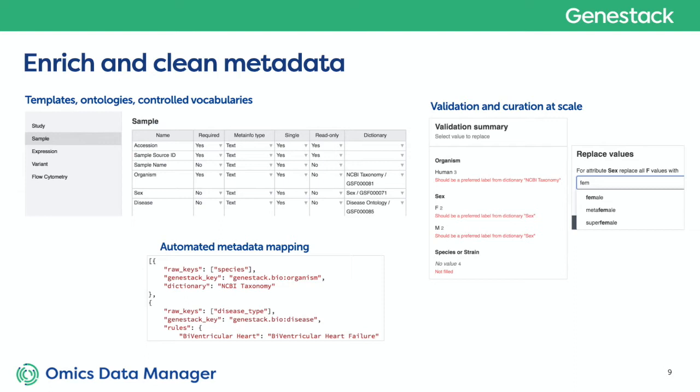In addition, ODM powers you with tools to validate and curate your data by alerting users to invalid metadata, performing bulk replacement, and automated metadata mapping. I'll pause here for a little while to give you a quick demo about the features I just mentioned in ODM.